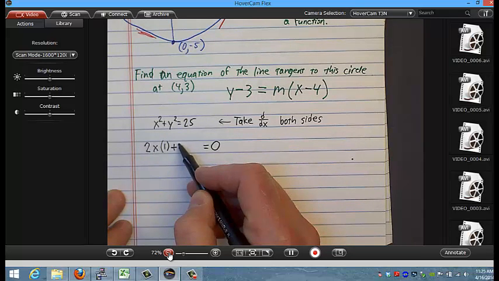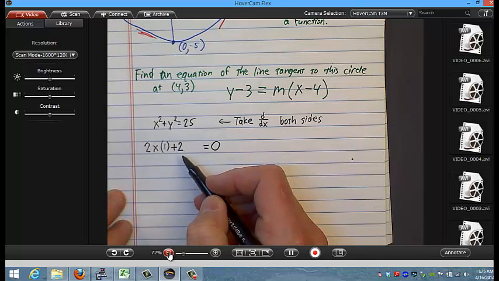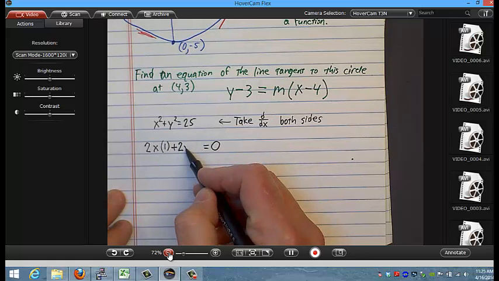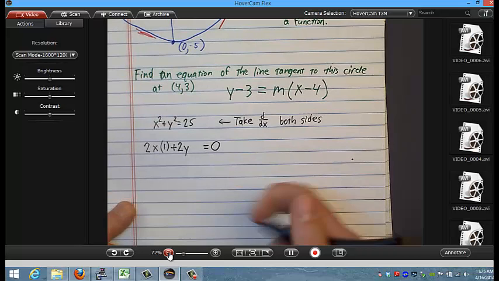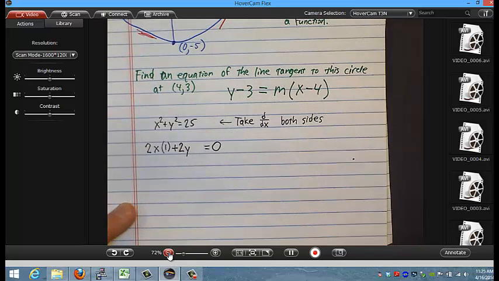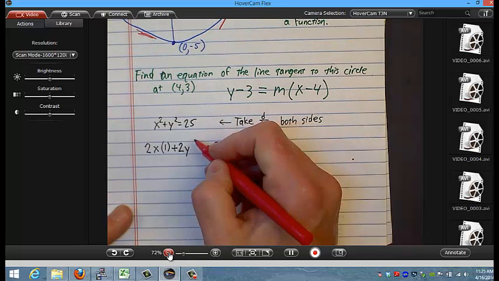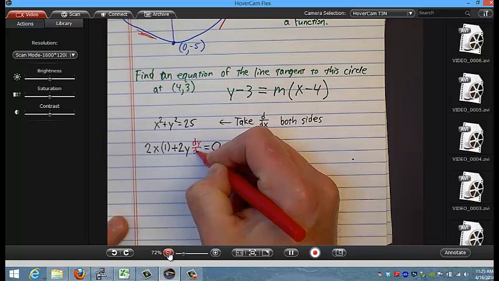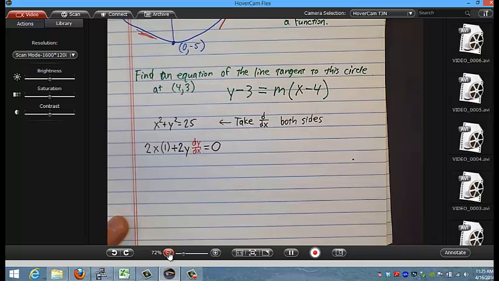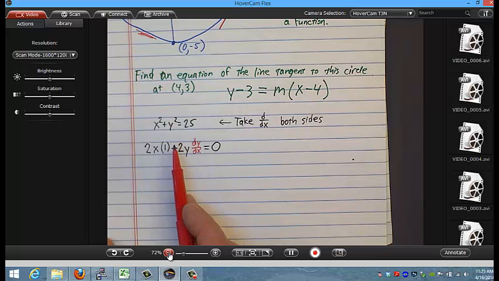And so I get 2y, and then here's what students usually find confusing at first, but maybe you'll get it. Times, I'm going to write dy/dx. That's the chain rule, because what's inside is y.